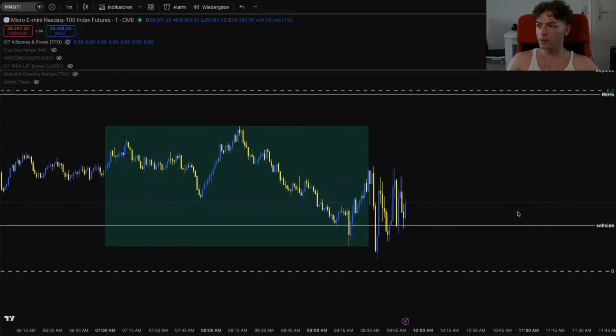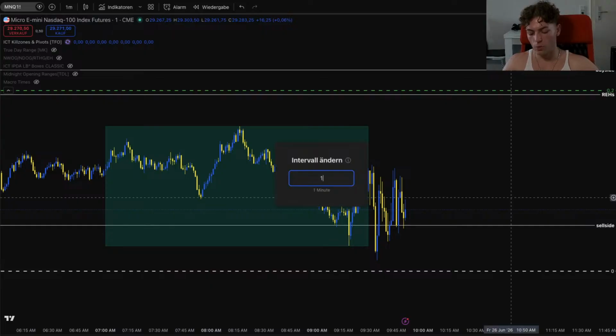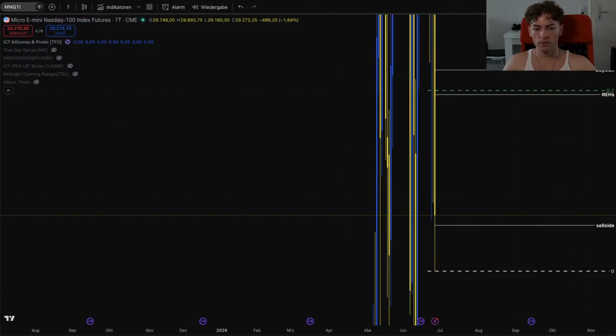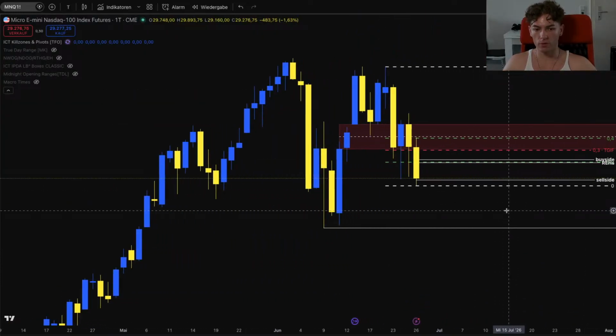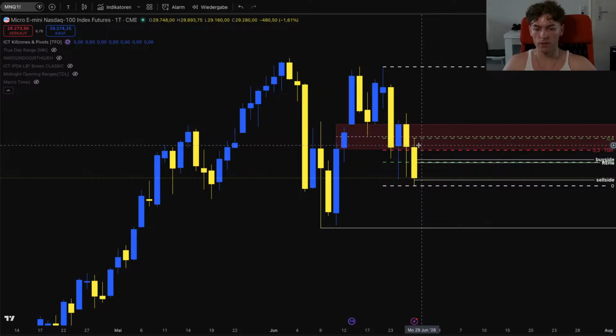Not today, but maybe into the next week, if we can actually close below the daily suspension block that I was talking about in the beginning. If we can actually stay heavy like this and close maybe around here and not create a wick and trade all the way back up into the daily suspension block.